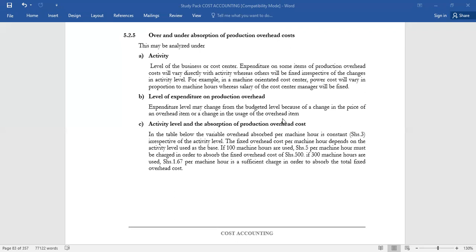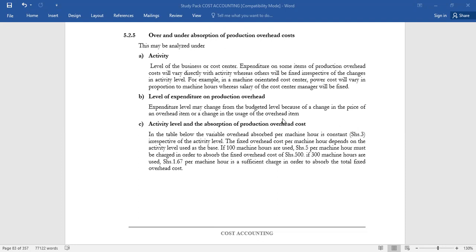But basically, the fixed cost will remain. So what will be varying are the overheads. And that's why we call absorption costing full costing, because it takes into account both the fixed and the variable overheads. Again, the level of expenditure on the production overhead will really matter.